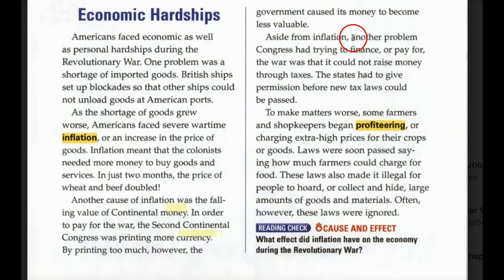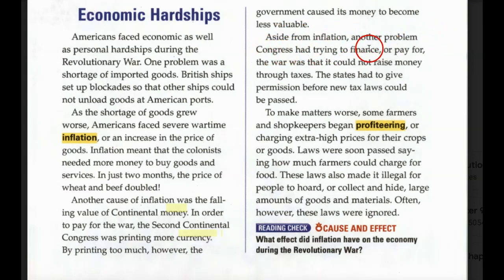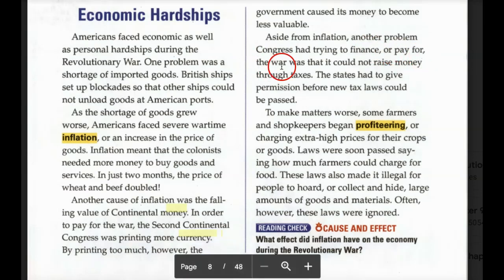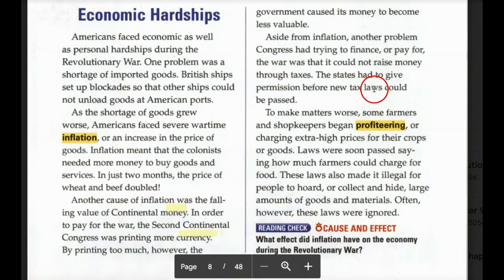Aside from inflation, another problem Congress had trying to finance or pay for the war was that it could not raise money through taxes. The states had to give permission before new tax laws could be passed.